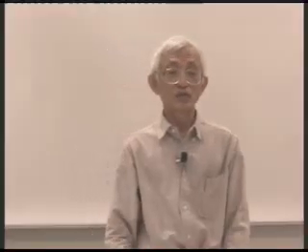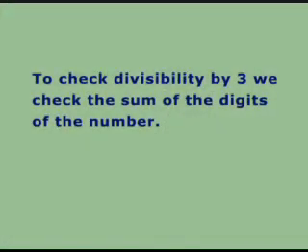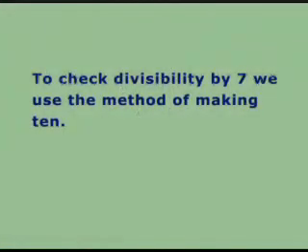Then there's another kind where you look at all the digits individually and add them up, and see whether the sum is divisible by 3 or not. If it is, then the given number is also divisible by 3. There is a third kind. That is when you see a number, you break it up into 2 parts, the unit digit and the rest, and you do something about it. And at the end of it, you decide whether the given number is divisible by 3 or by 7.